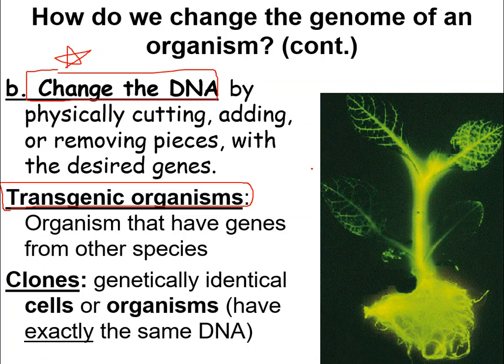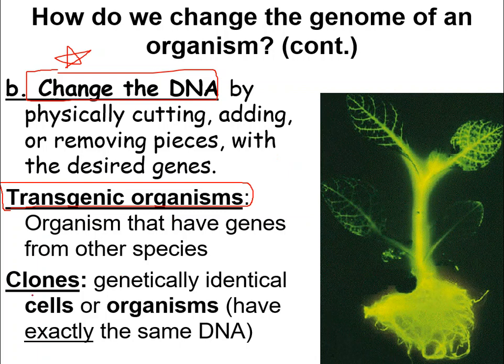In this case, a gene was inserted into the genome, and there's no harm done to the plant. You can actually do this with animals as well. You can Google transgenic glowing rabbit, and you can find videos on glowing bunnies. And the bunnies are perfectly healthy. They just make this protein that glows, that gives off light.